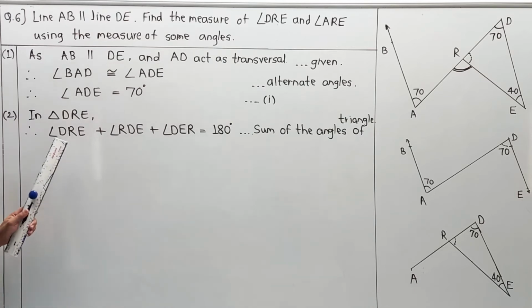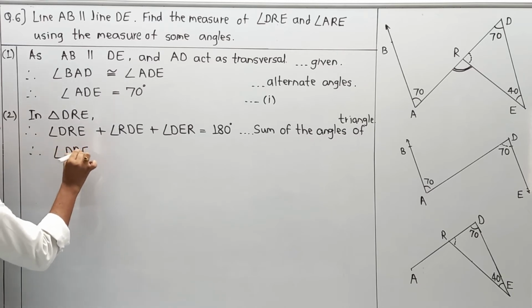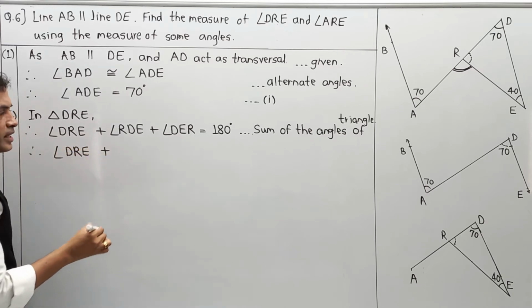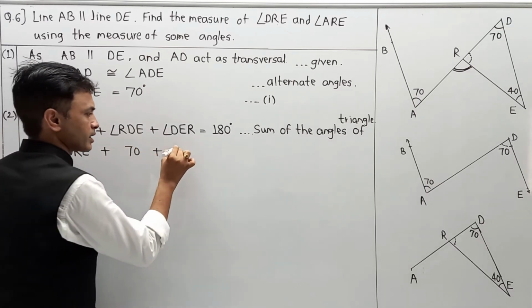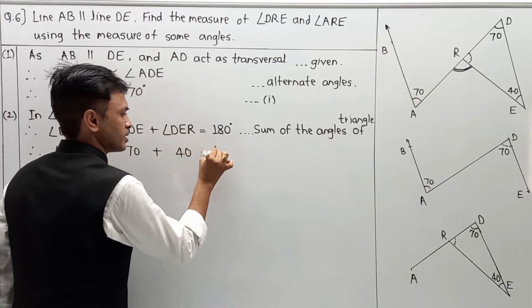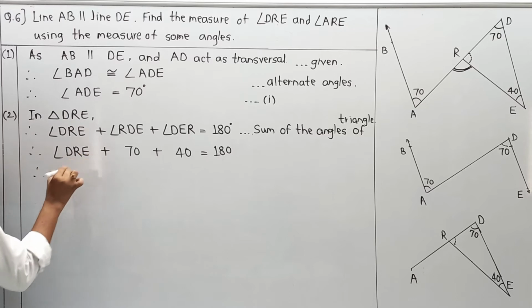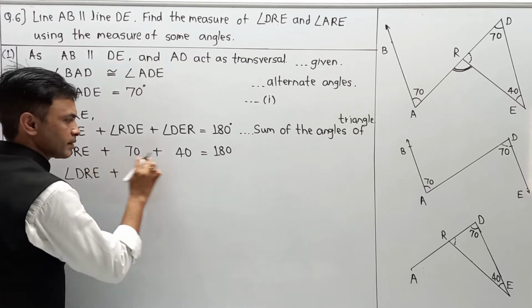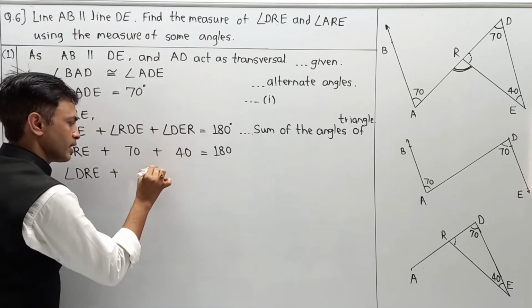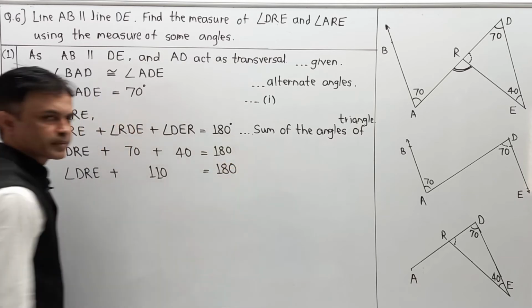Now one by one, angle DRE, this angle we are supposed to find, plus angle RDE, that is 70 degrees, plus DER, that is 40 degrees, is equal to 180 degrees. Next, angle DRE, here 70 plus 40, that is 110 degrees, is equal to 180 degrees.